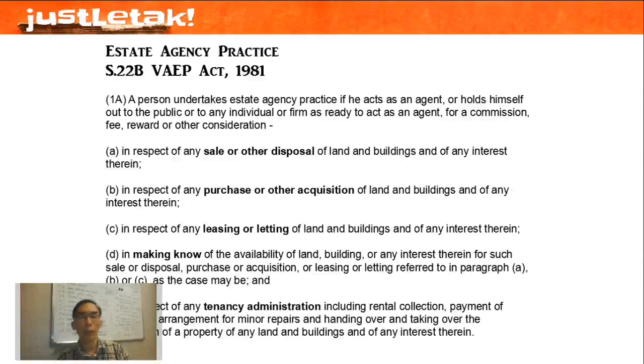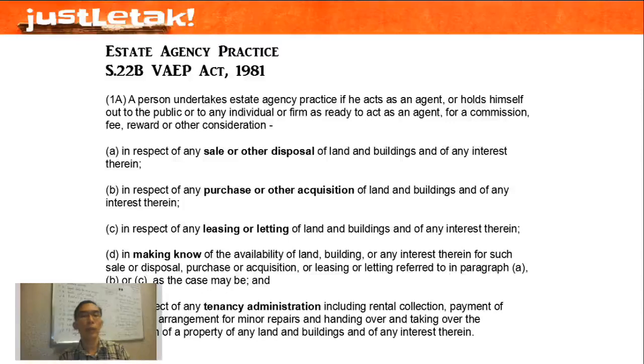But this friend or relative is just making note, not really conducting agency practice, in the blur area of law, because he has not collected any fee.